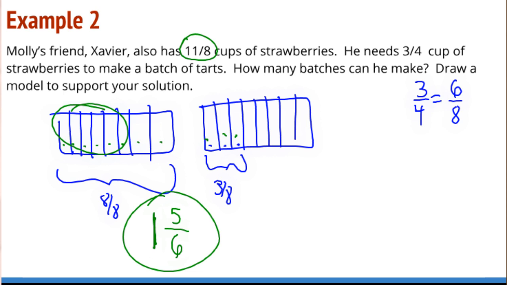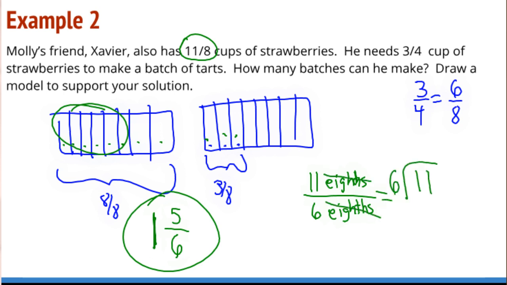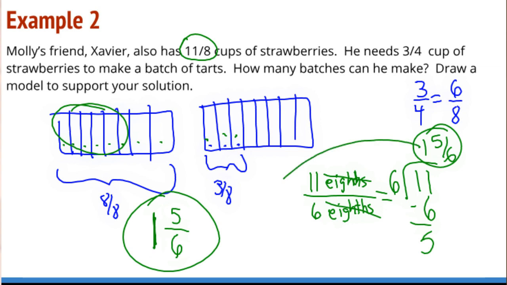I can set this up as my unit form, 11/8 divided by 6/8, and the 8s will cancel, and I've got 11 divided by 6, which will give me the 1 5/6 again. So now I've got 2 different forms here.